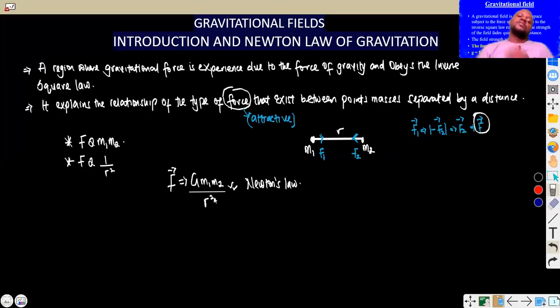Another important point is that this G, which is a constant, is called the gravitational constant. There is a constant for all these on the surface of the Earth. You are living on planet Earth. When we get to satellite motion, you are going to understand some other things.